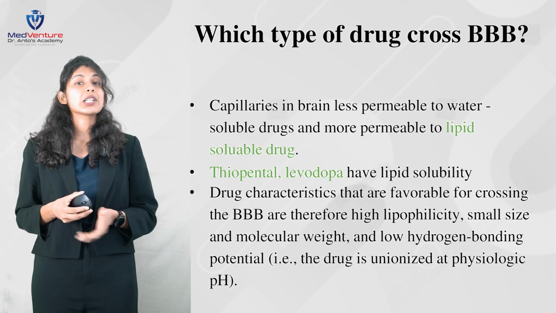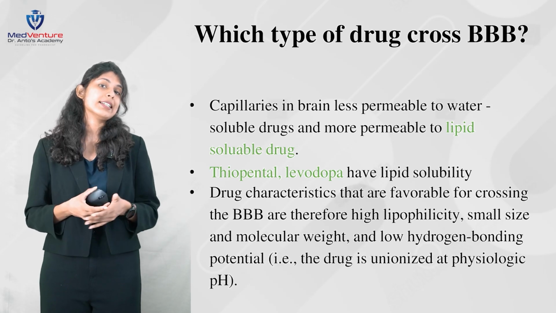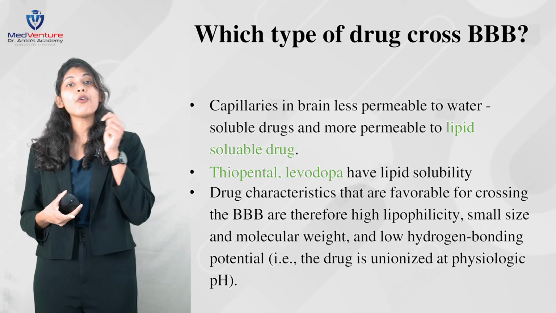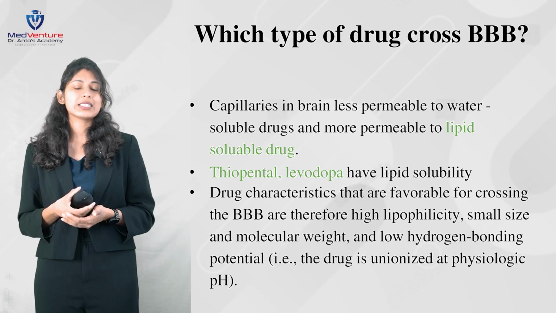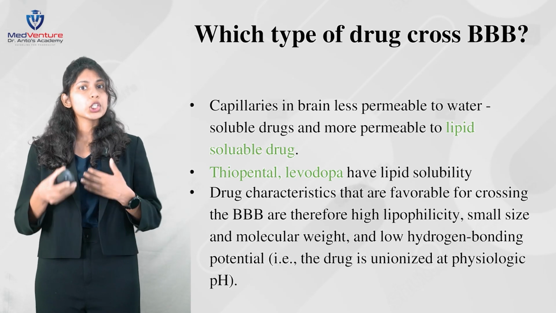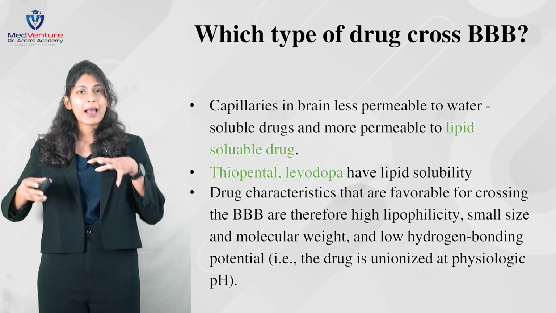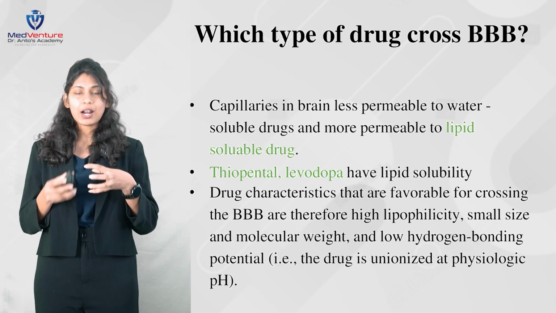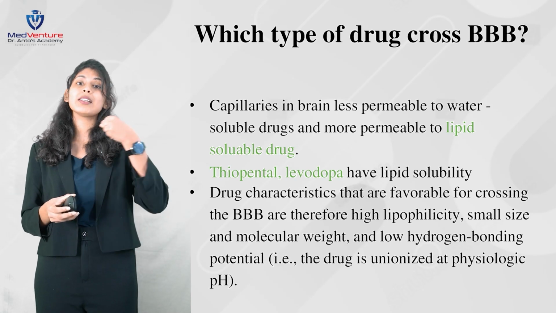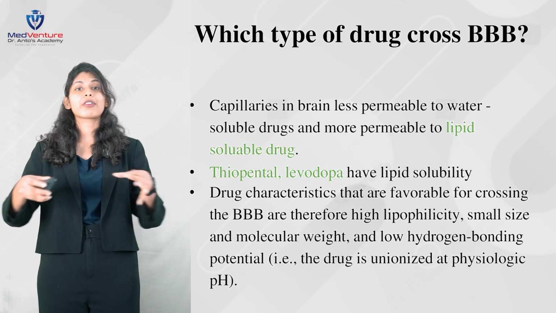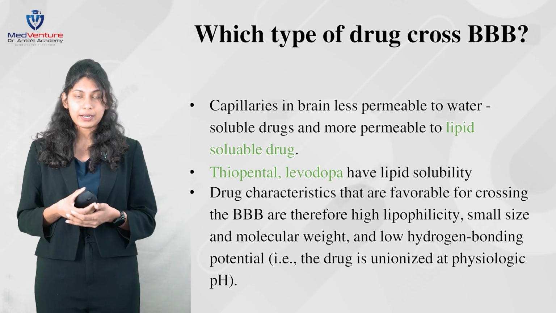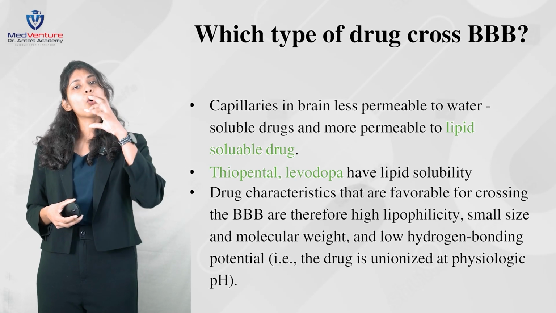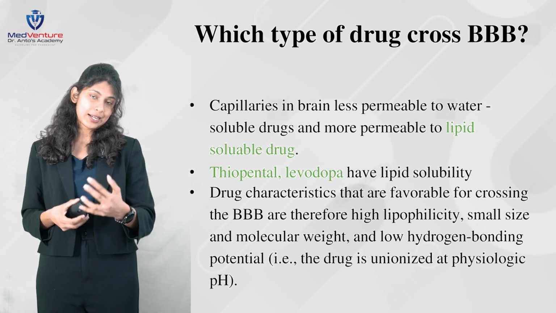But what about drugs that are water-soluble or lipid-hating? These are known as hydrophilic drugs, or water-loving drugs. Where is water mostly seen? In your urine, so just imagine it like that. A drug needs to get absorbed and be in the systemic circulation. It has to go to different parts of your body, passing through the lipid membrane, and only lipid-loving drugs can do that.